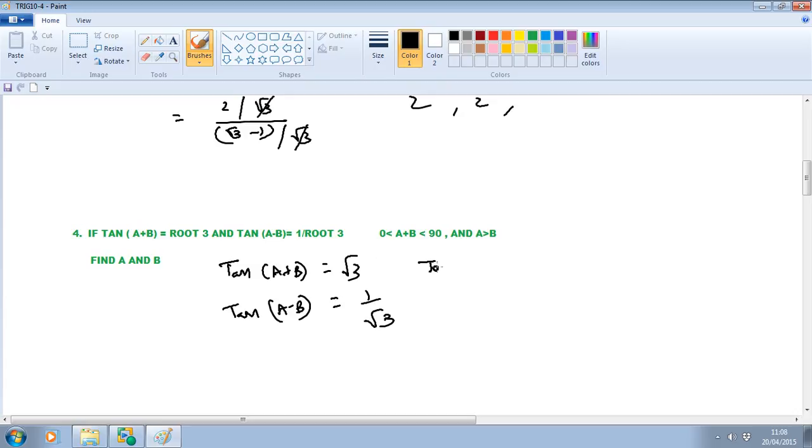Tan 60 is root 3. Therefore, A plus B is equal to 60.